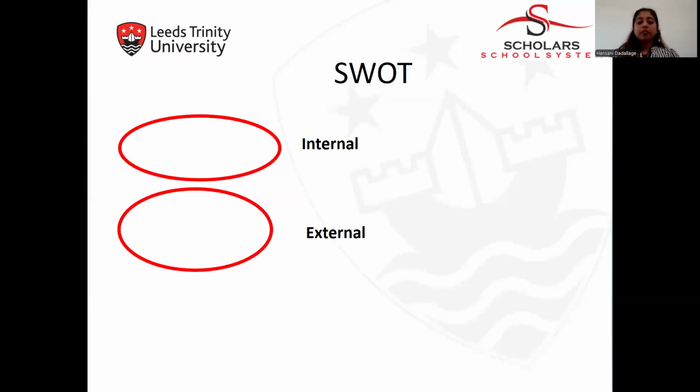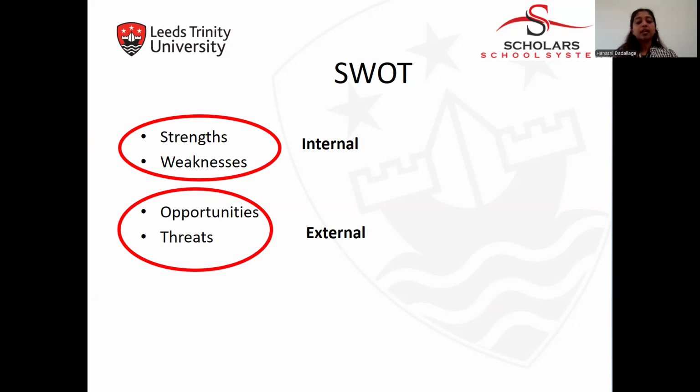So this is the first framework that we are going to learn today, which is SWOT analysis. SWOT stands for strengths, weaknesses, opportunities, and threats. As this slide shows, strengths and weaknesses are internal, whereas opportunities and threats are external.